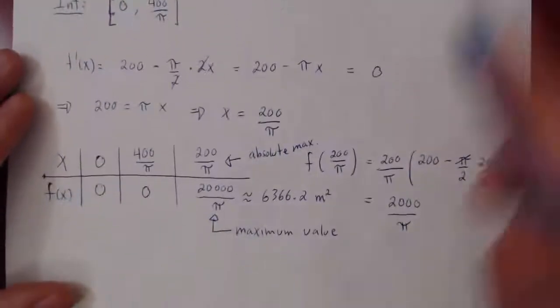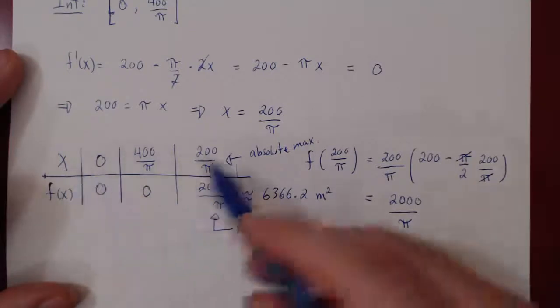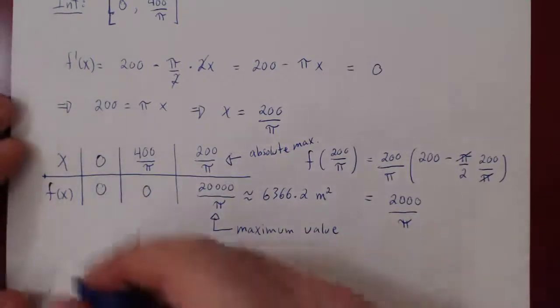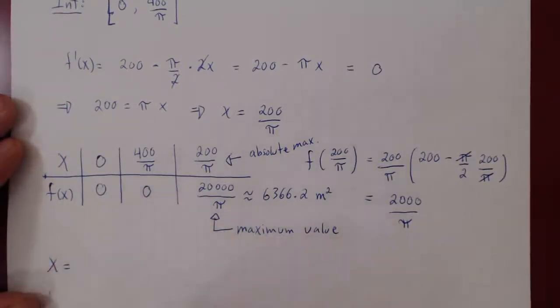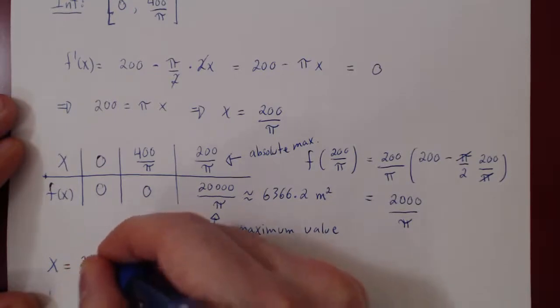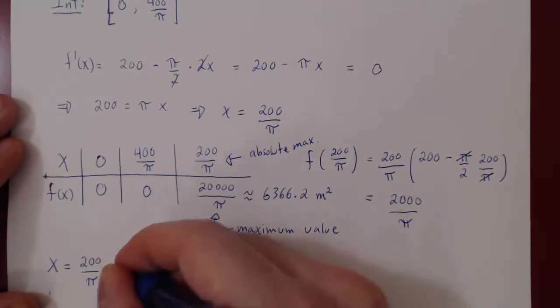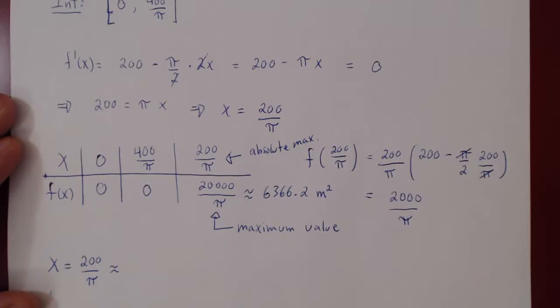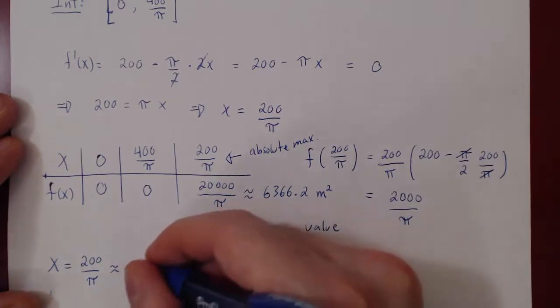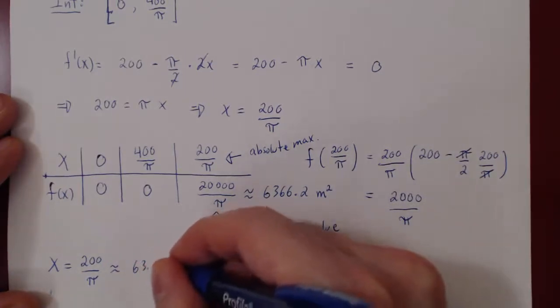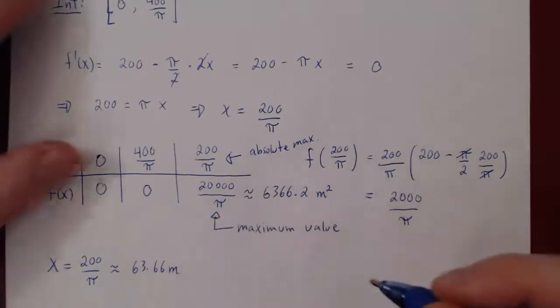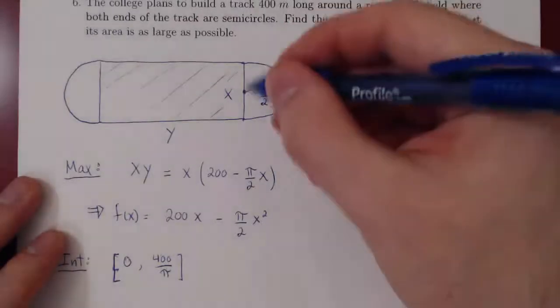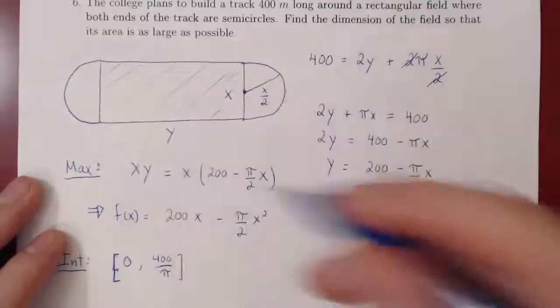Well, we have just found the width of the field, x. What is the length of our field? Right? So x is 200 over pi. And if you compute this, you get approximately 63.66 meters. So this is how wide your field should be so as to maximize its area.